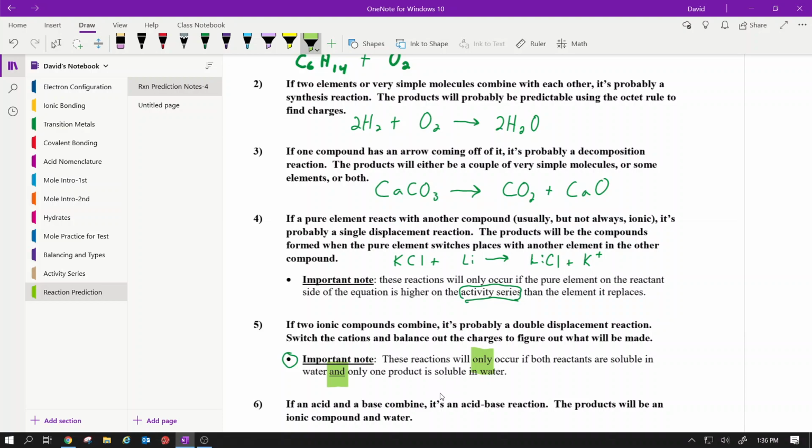We're going to talk about solubility probably on Monday, and so I'm not going to bother with that today. Today, if you see a twofer and a twofer, I'm going to tell you to switch them and just call it double displacement. All right? Meaning, an ionic compound.